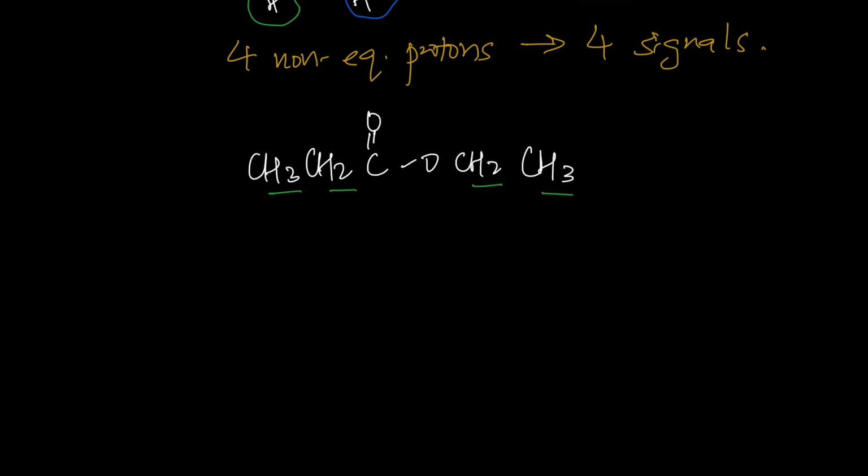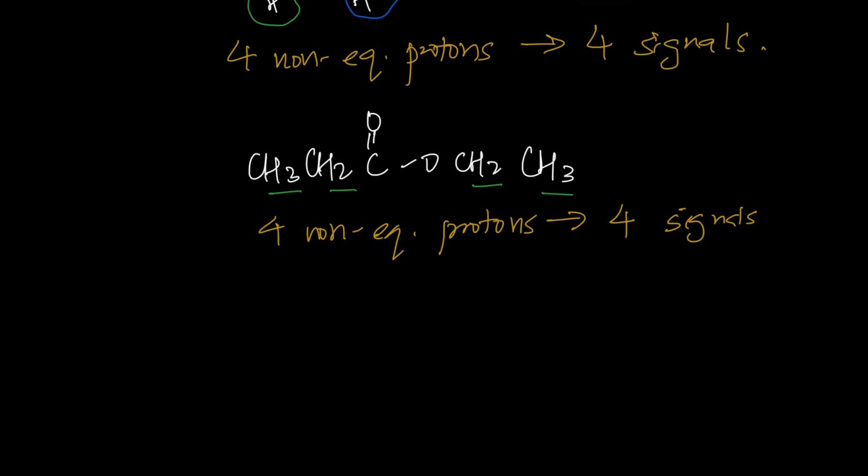All these 4 groups of protons are non-equivalent, because it is not a symmetrical molecule like what you have seen in the ether, the previous example. So in total, you have 4 non-equivalent protons. So you can see 4 signals on the proton NMR spectrum.